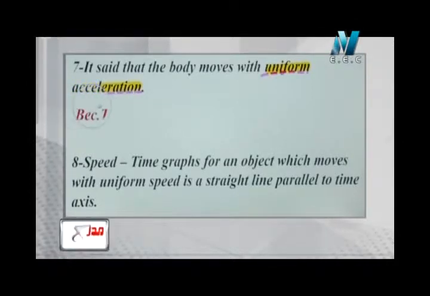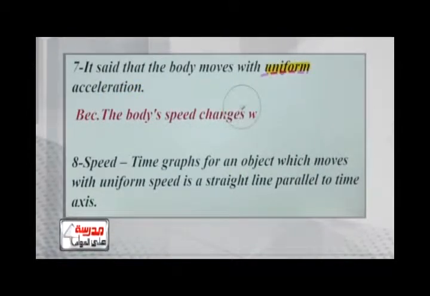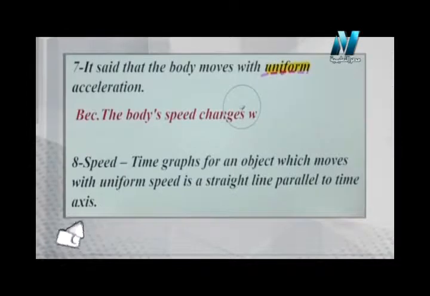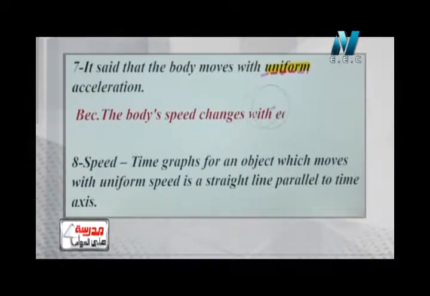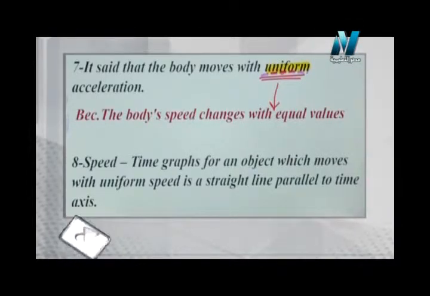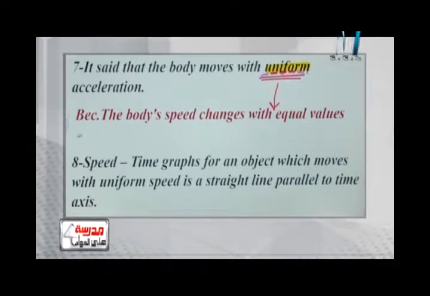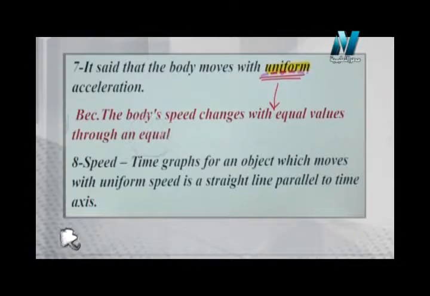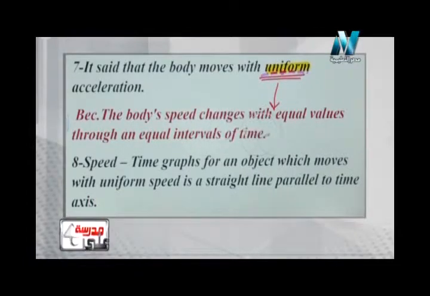Because the body's speed changes. Someone says right, but acceleration means speed change, the speed changes with equal values. Why do we use equal values here? Because we talk about uniform acceleration. So the body's speed changes with equal values through equal intervals of time.